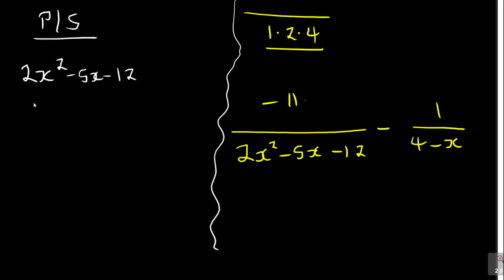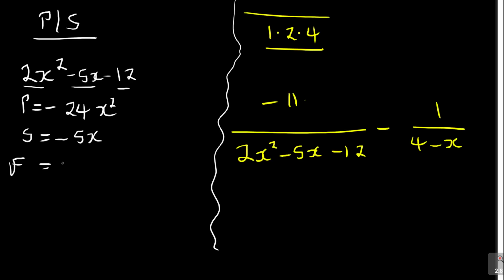So what I do is I write my product, which is equal to, I multiply the first and the last term, which is negative 24x squared, and then my sum, which is the center, which is negative 5x, and then my factors, they are the factors of the product, which means factors of 24: 1 times 24, 2 times 12, 3 times 8, and 4 times 6, that's the end.